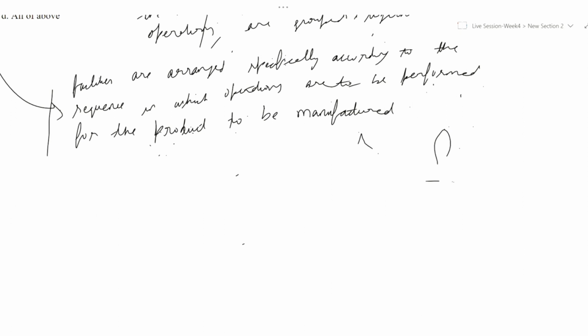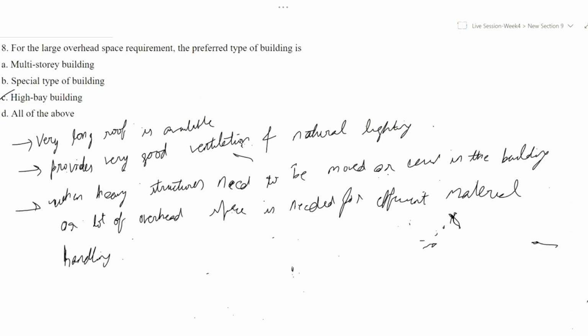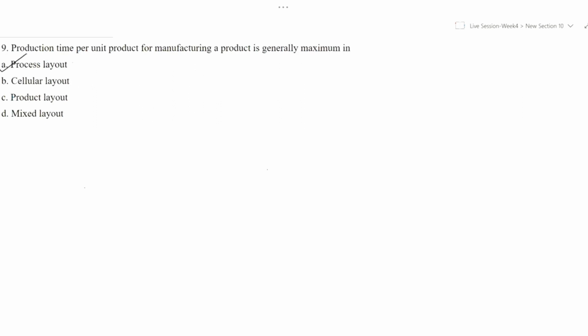Rather, the machines and facilities are arranged according to the type of operations they do, like the machines performing similar types of operations are grouped together.